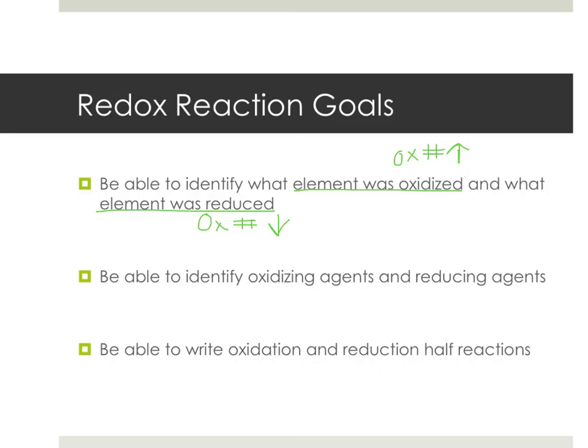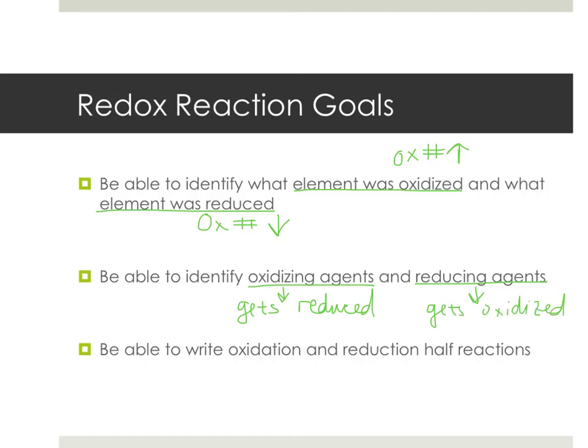We also learned how to identify oxidizing agents and reducing agents. The oxidizing agent is the element that gets reduced, and the reducing agent is the element that gets oxidized.